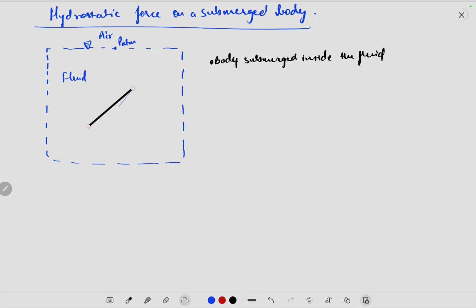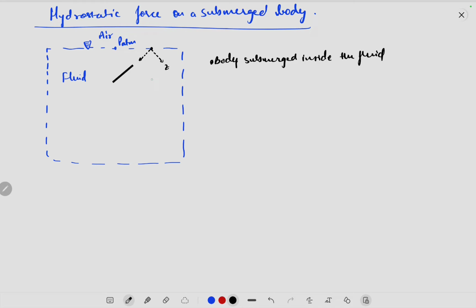Let's take it a bit above so that I can easily define my coordinate axis. So let's say this is my origin and these are my coordinate axes.